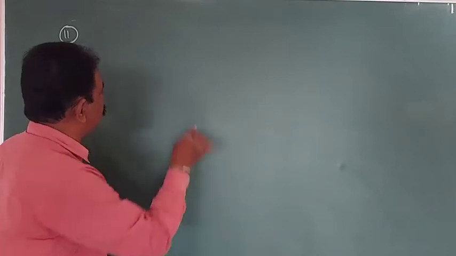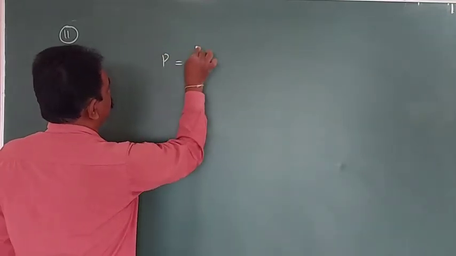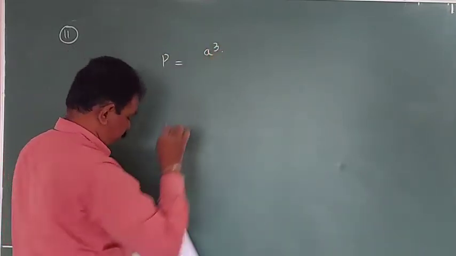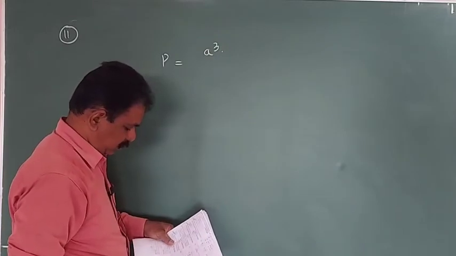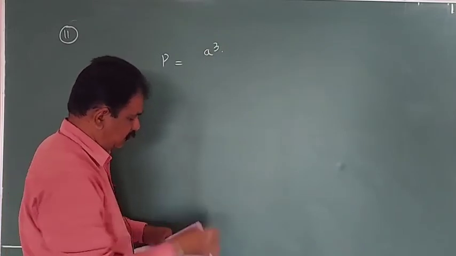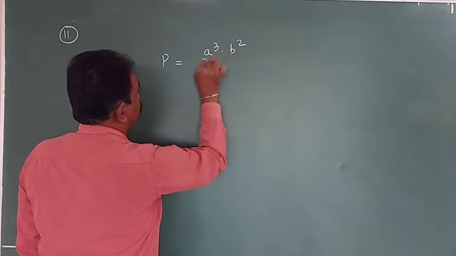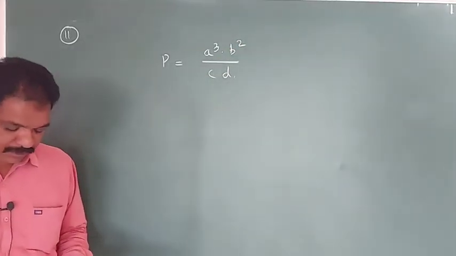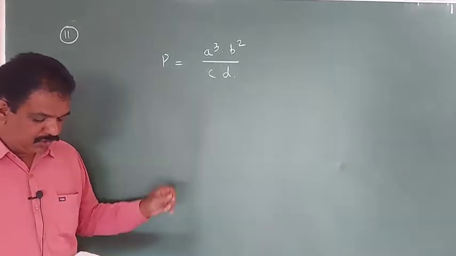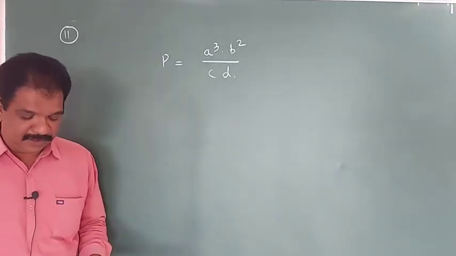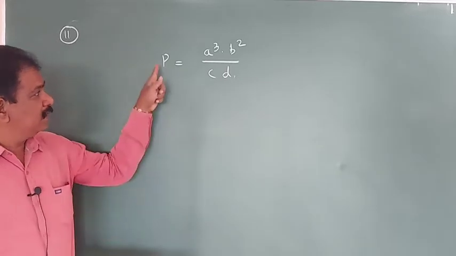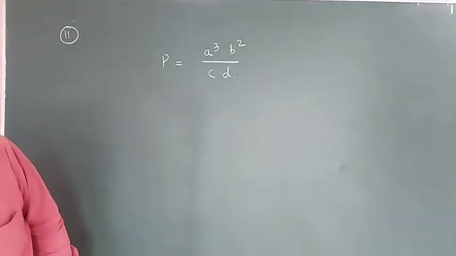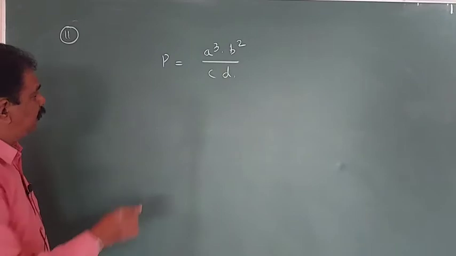P is equal to A cube B square by CD. Percentage error in the measurement of P will be how much?